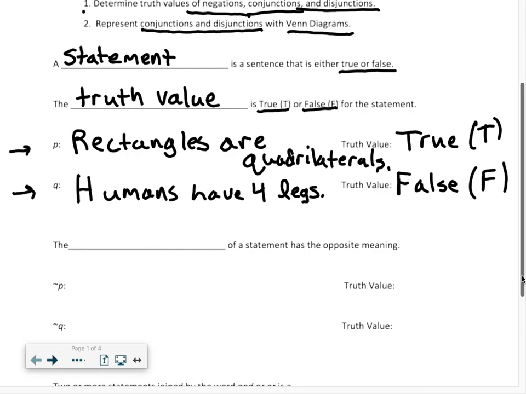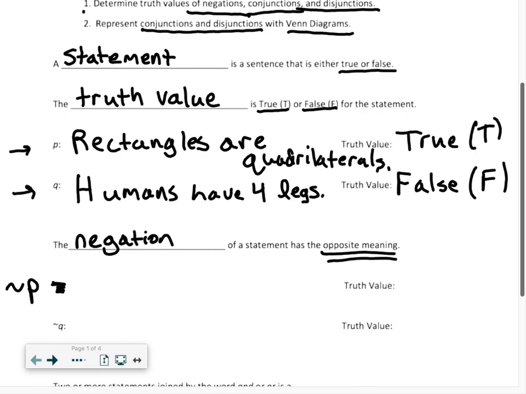Okay? So let's talk about the negation. The negation of a statement has the opposite meaning. So let's work with these same statements P and Q and our notation here. Let me just draw it out a little clearer like I would represent it. So we use this squiggly line and then we say P. This means the negation of P or the opposite of statement P. So what would the opposite of statement P be?